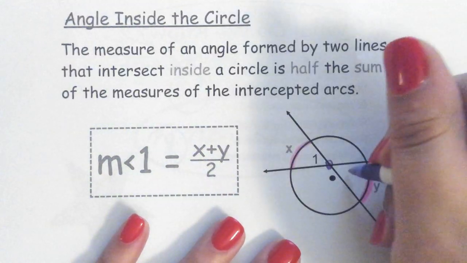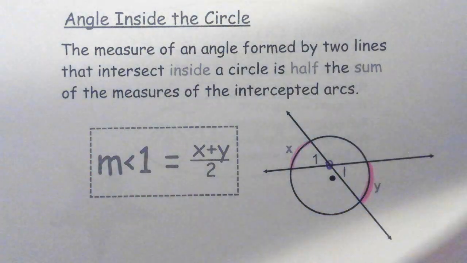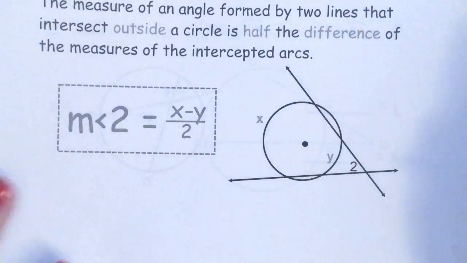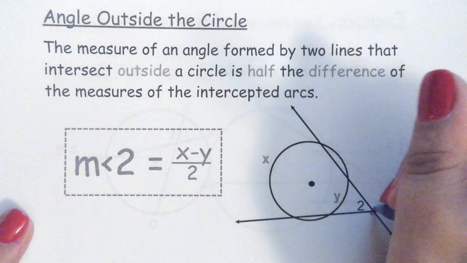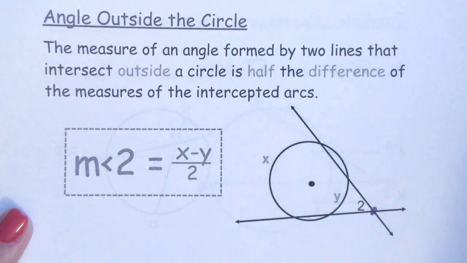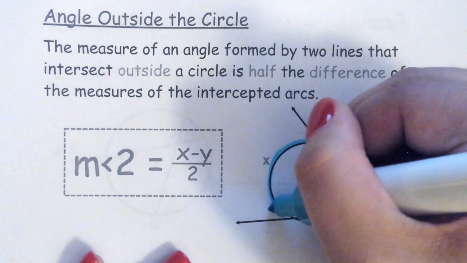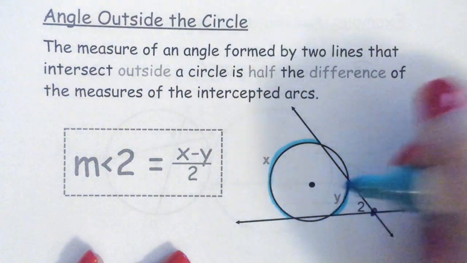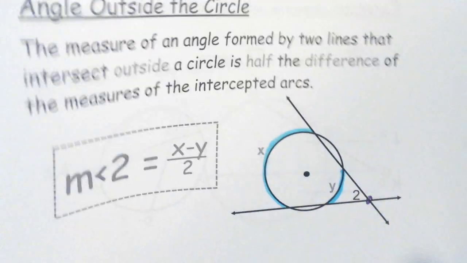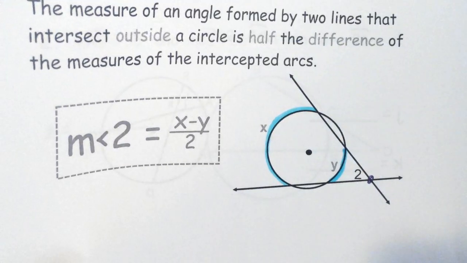So these vertical angles will be the same. If they intersect outside of the circle, then you're going to subtract. Now you want a positive number, so you subtract the big minus the little and then divide by 2. And that'll give you that one.